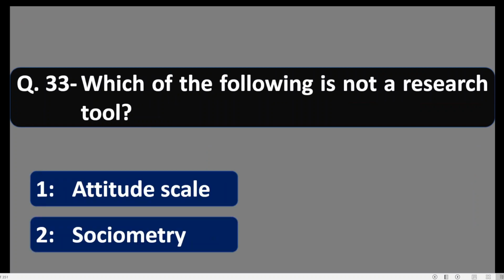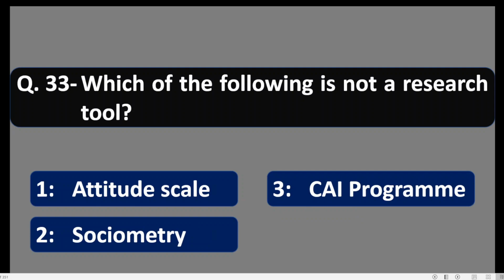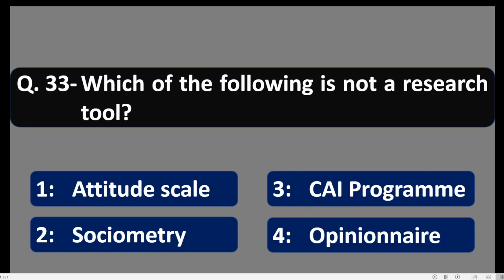Question number 33. Which of the following is not a research tool? Number 1, attitude scale. Number 2, sociometry. Number 3, CAI program. Number 4, opinion error. Friends, a research tool means any technique or instrument with the help of which the data are collected.